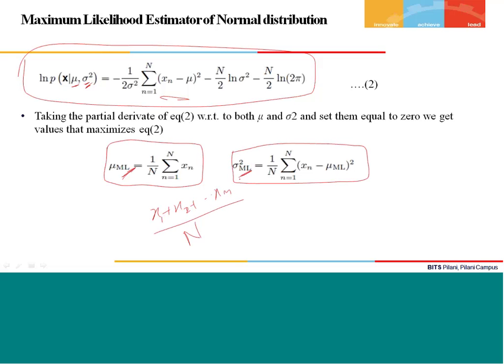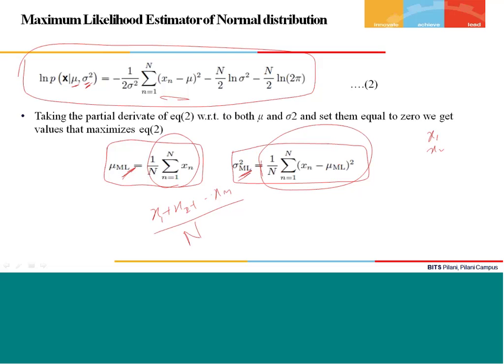Whatever samples you get, the maximum likelihood mu is the average of those samples, and the variance is a simple variance. So from here you get the mu and you know how to find out the variance. This is the variance of a sample.